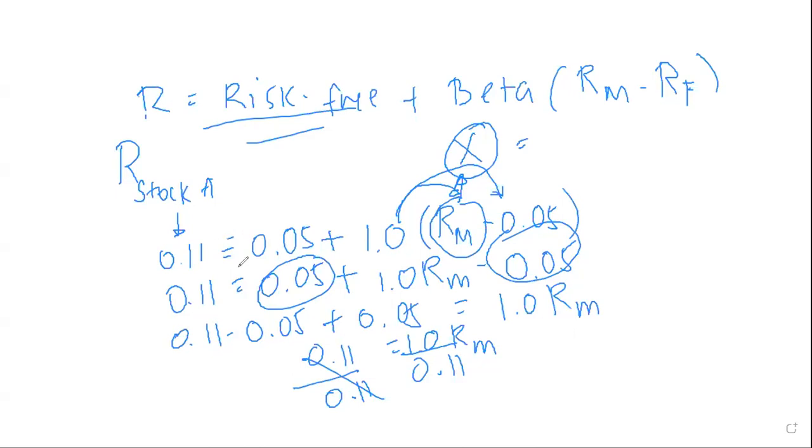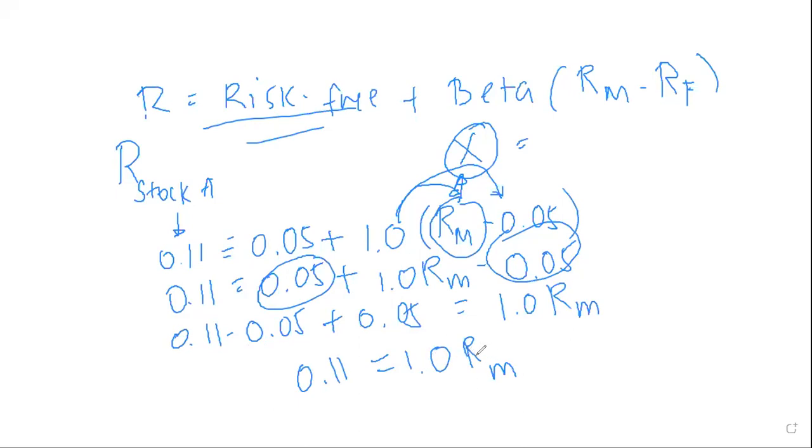Oh, that's wrong. Okay, let me correct that. So this is 0.11 is equal to 1.0 RM.